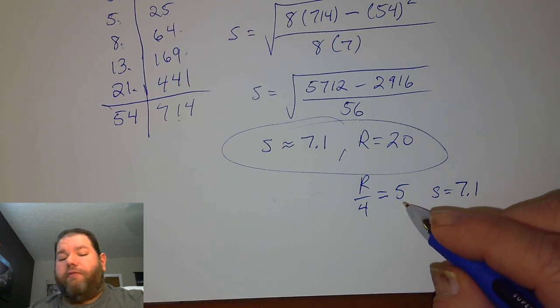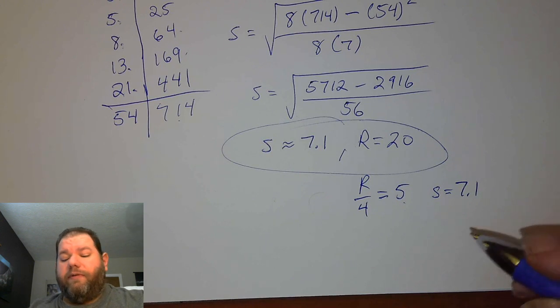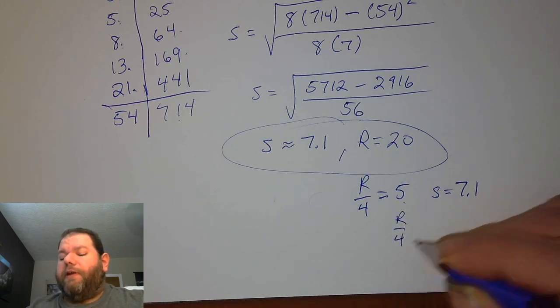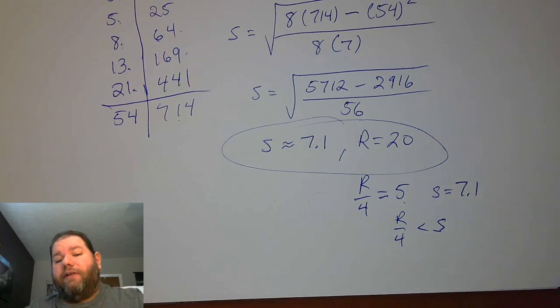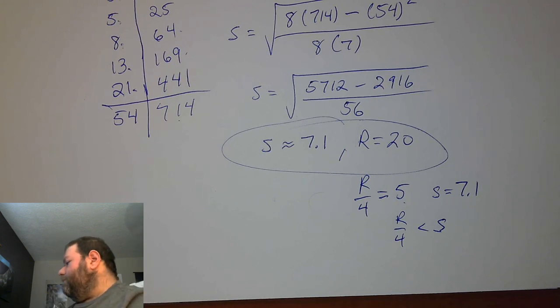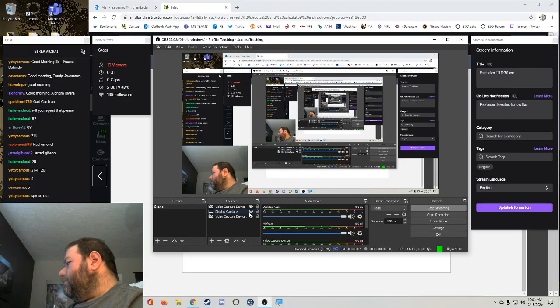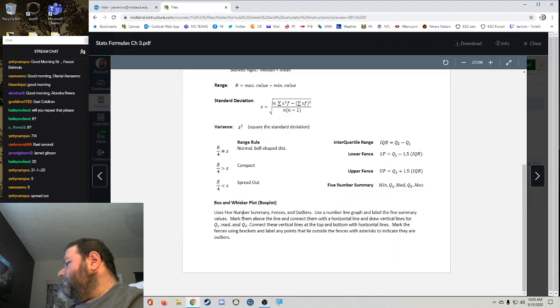Comparing these two, the range divided by 4 is certainly less than the standard deviation. So we can make that statement. What is our interpretation of that then? If the range divided by 4 is less than S, do you remember what we said? Spread out, yes. Range divided by 4 is less than S, so it's spread out.